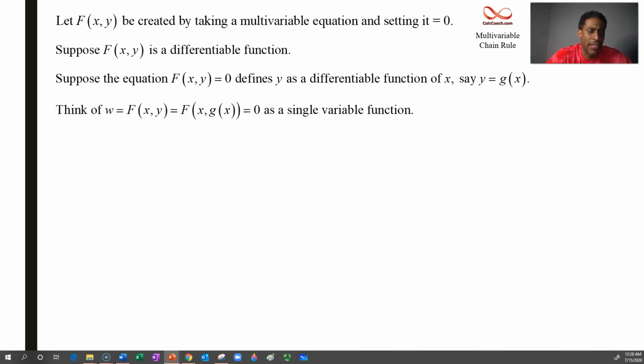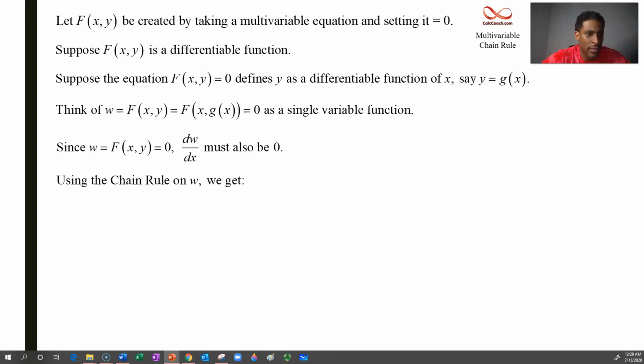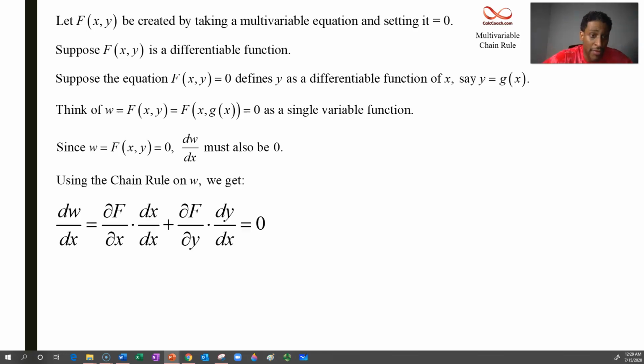And if you have a function that's equal to 0, then its derivative must also be 0. And so dw dx is equal to 0. But to get dw dx, we're going to have to use the chain rule. Remember the chain rule from the previous video. dw dx is df dx times dx dt, and then del f del y times dy dx.